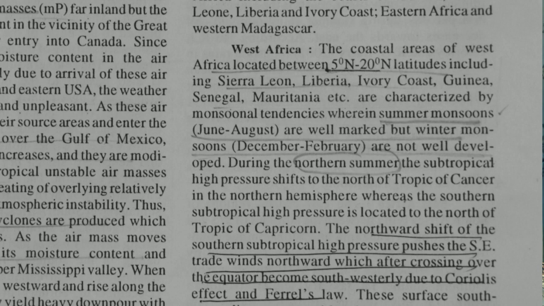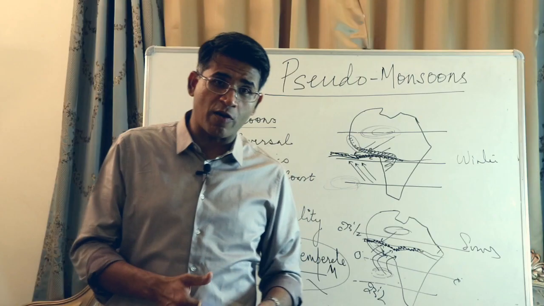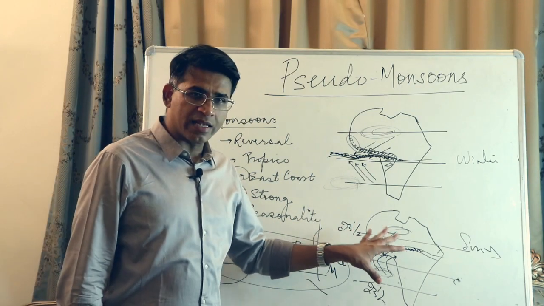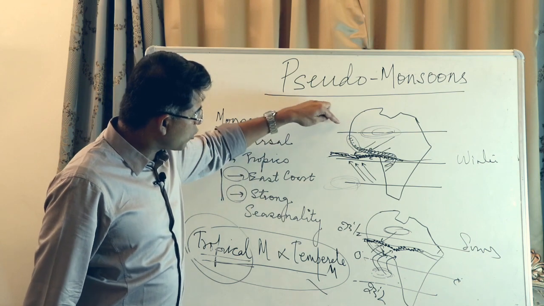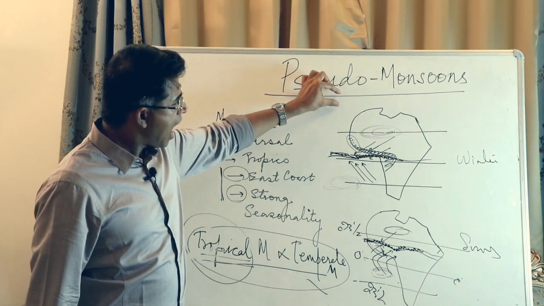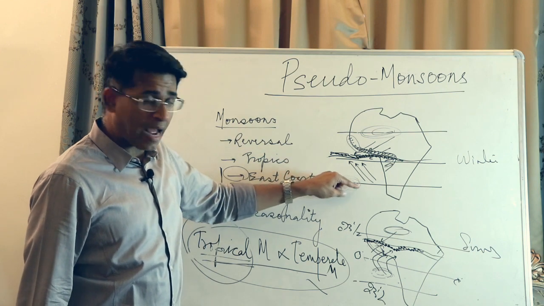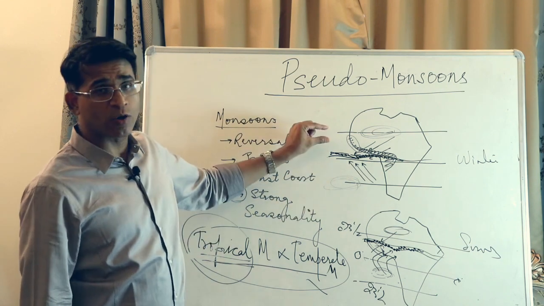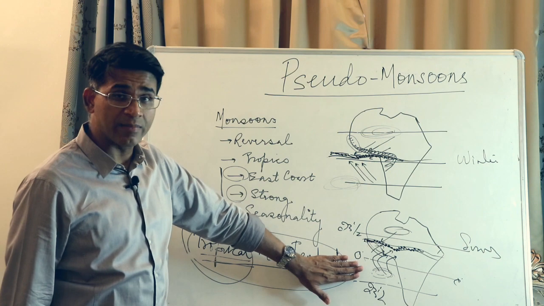During the northern summer, the subtropical high pressure shifts to the north of the Tropic of Cancer in the northern hemisphere, while the southern subtropical high pressure shifts, okay, it's north of the Tropic of Capricorn. So in the summers, the subtropical high pressure of the northern hemisphere has gone northward, and the subtropical high pressure of the southern hemisphere also has gone northward. That's how I have shown it in summers here.